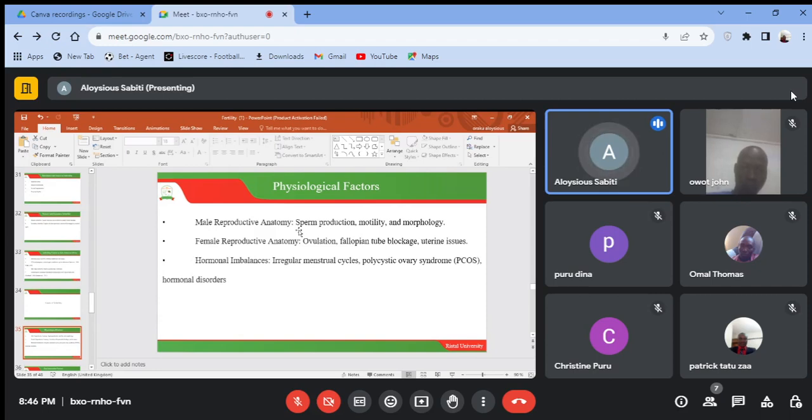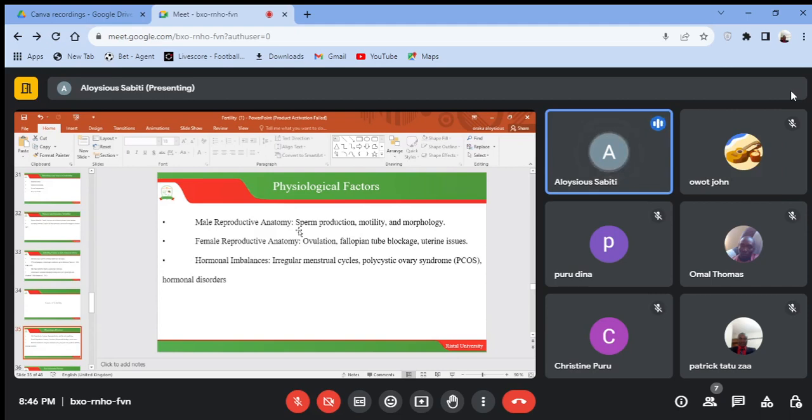But also in the physiological sense, we look at hormonal imbalances. Now, these are irregular menstrual cycles, polycystic ovary syndrome, and hormonal disorders. Some of these you may realize if you go a little practical, that there are certain women who, after undertaking modern contraceptives, may take longer to regain their fertility.